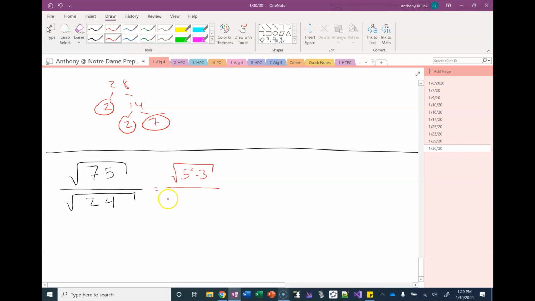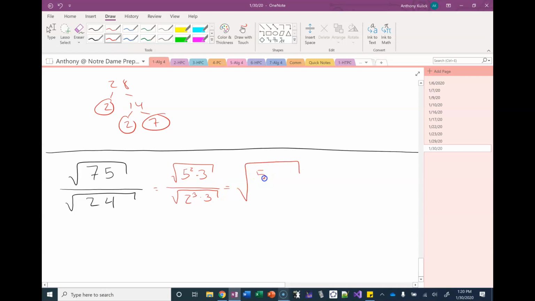Okay. And now let's do the prime factorization of 24. 2 to the third times 2 to the third times 3. Notice now that both of these are the same index of radical, right? They're both square roots. So what can we do?